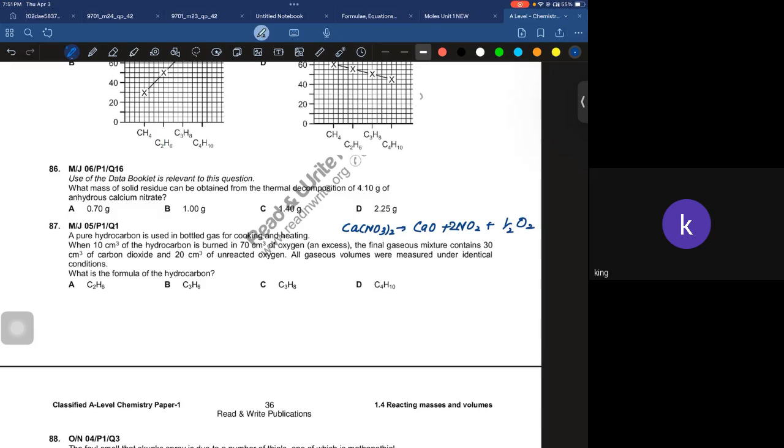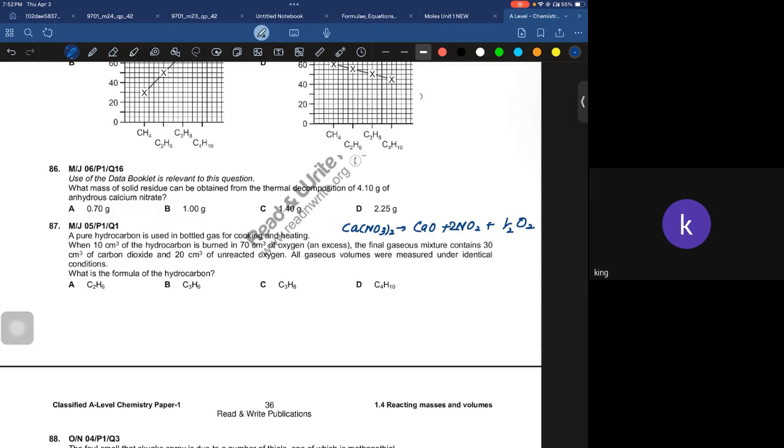The mass of anhydrous calcium nitrate is given to you, and you have to find the mass of solid residue that can be obtained.